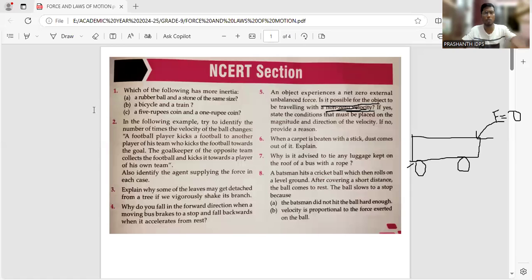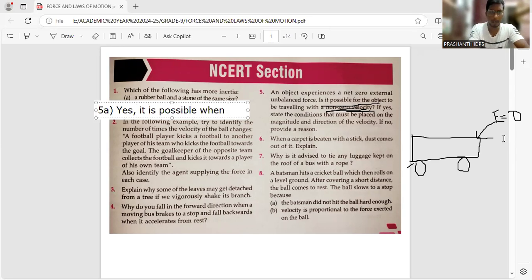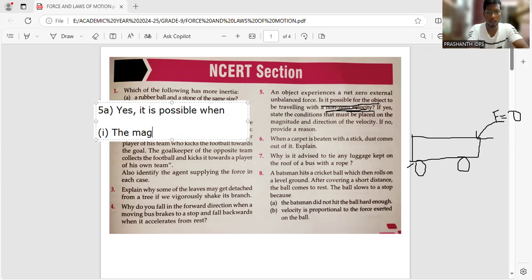Very simple answer. You note down the answer. Yes, I'll be writing here. Yes, it is possible. It is possible in two conditions. The first one, note down: when the magnitude of velocity does not change.